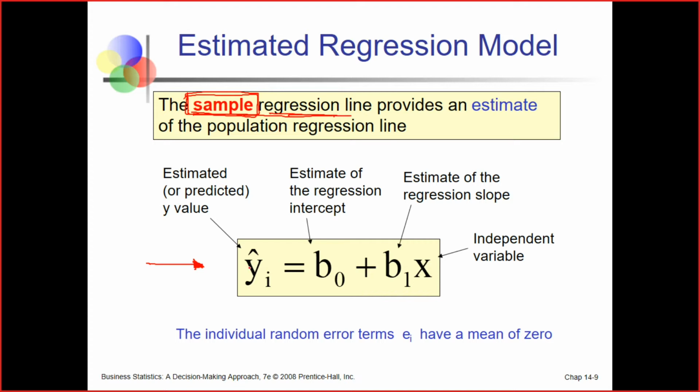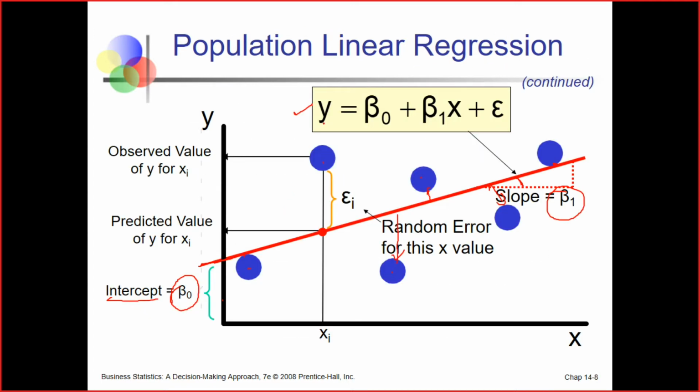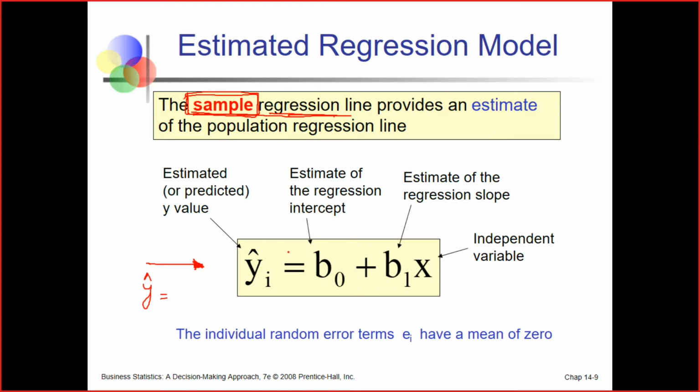Here we call it y cap, written as y cap because we are using a sample. In the population the constants are beta, but in a sample they are known as b0 and b1. So please remember b0 and b1.